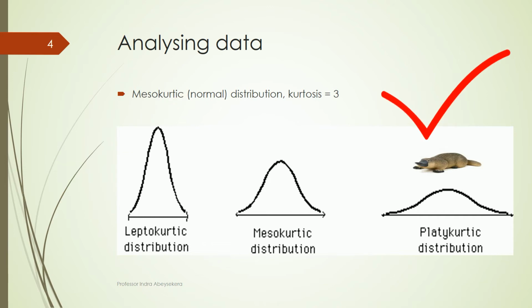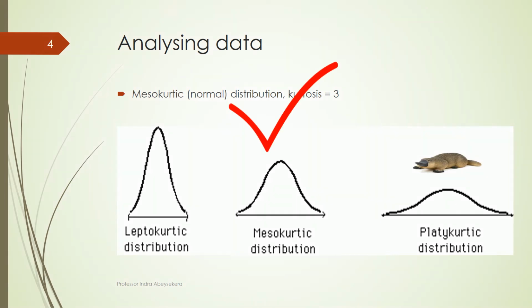So there's leptokurtic where the center is accentuated, and platykurtic where the center is more flattened and the tails become fatter, and mesokurtic is the typical normal distribution. In a typical normal distribution, we measure this by a parameter called kurtosis, and kurtosis in a mesokurtic distribution is equal to 3.